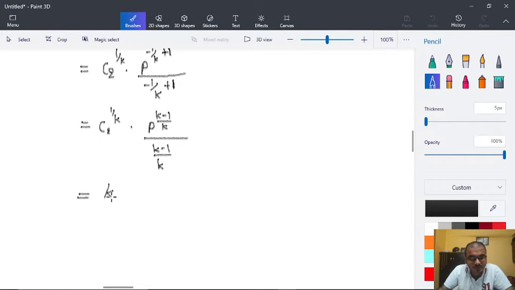So this is k upon k minus 1 into c2 raised to 1 upon k into p raised to k minus 1 upon k.